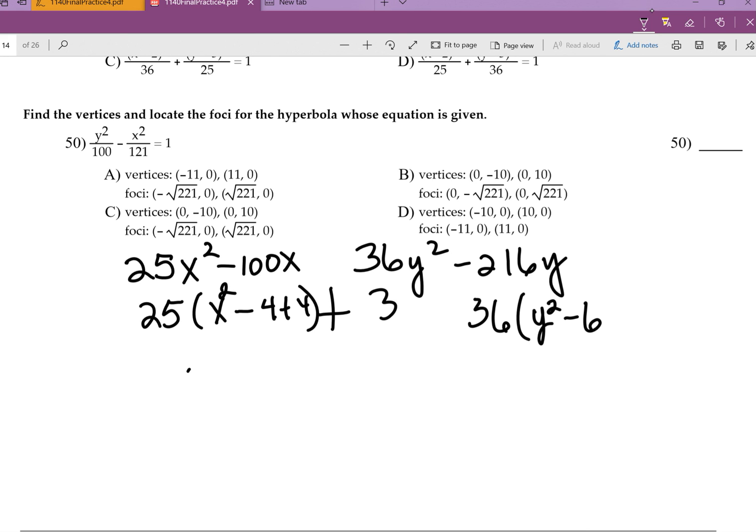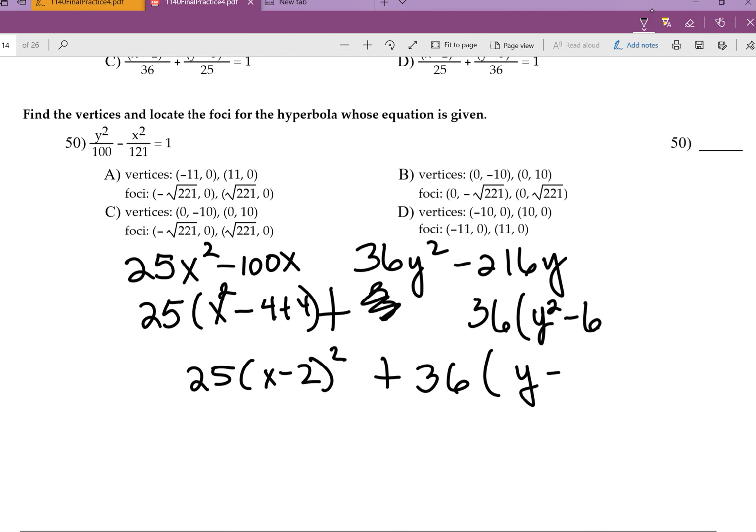So this is really 25 parentheses x minus 2 squared. And that already starts to form our figure, right? Plus 36 times, if I take half of 6, I get 3. 3 squared is 9, so I get y minus 3 squared.